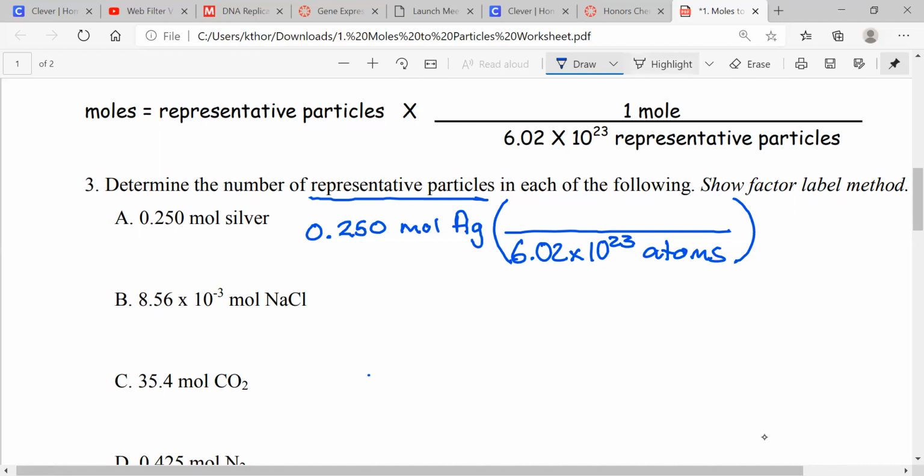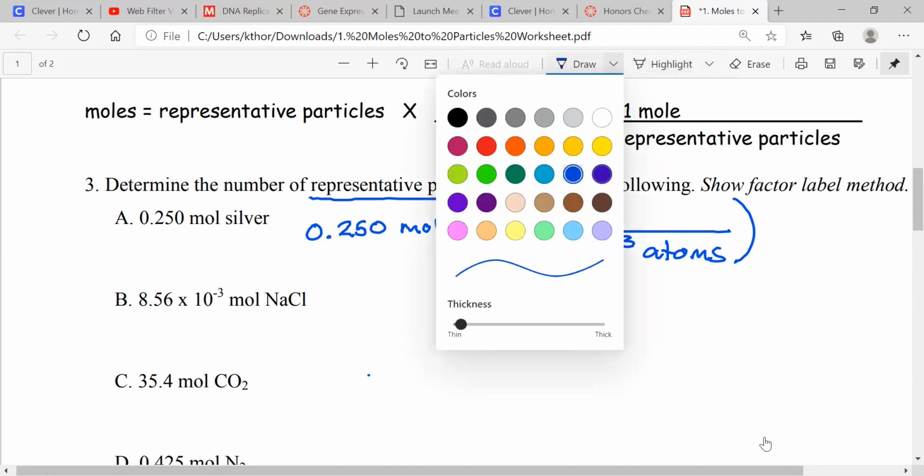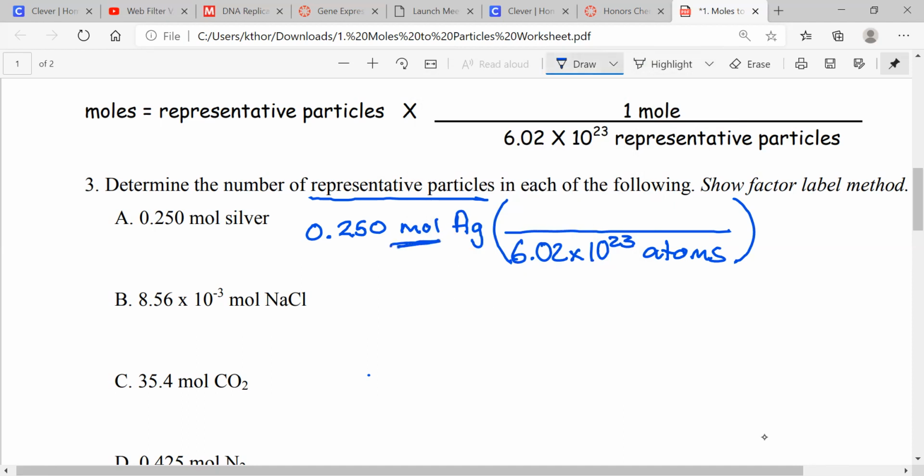This right here is moles. Hold on. That's moles right there. Moles and atoms don't cancel out. So that is not it. Try again, Max. Avogadro's number's on the top.